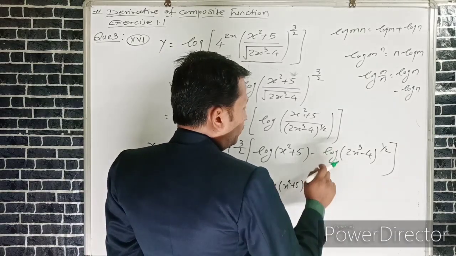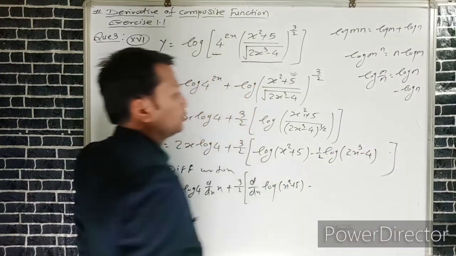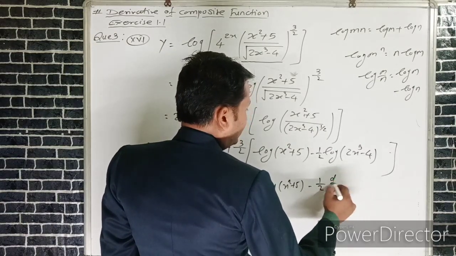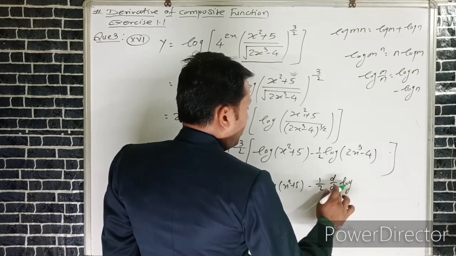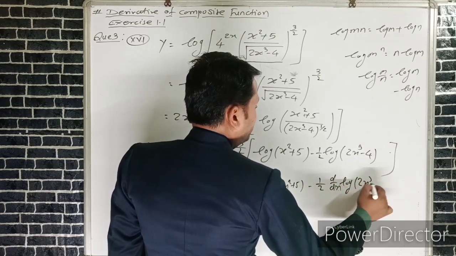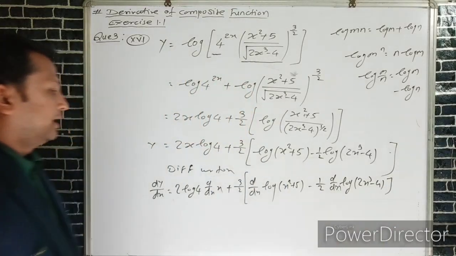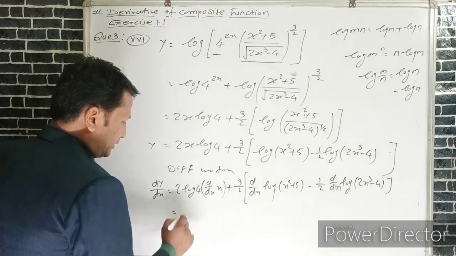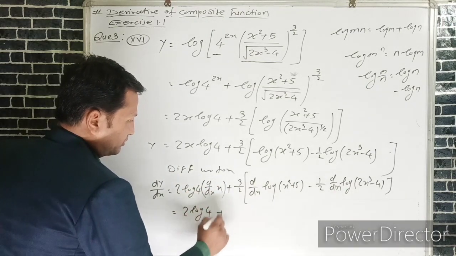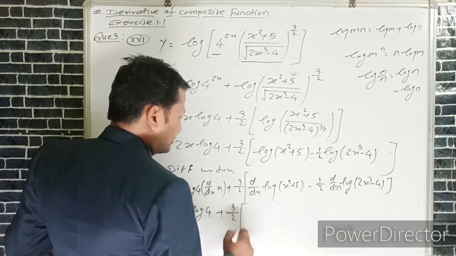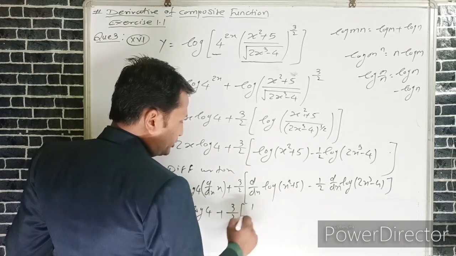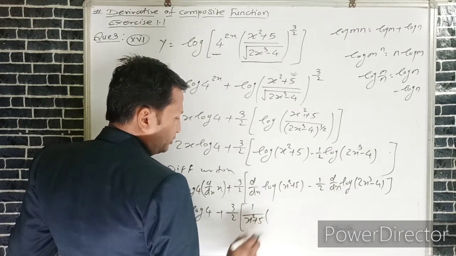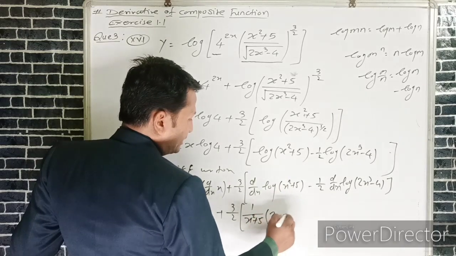We can write 1 by 2 into log of 2x cube minus 4. 1 by 2 is a constant and we can take a derivative of log of 2x cube minus 4. After differentiating, the derivative of x is 1, hence 2 log 4 plus 3 by 2 as it is. The derivative of log of x square plus 5 is 1 upon x square plus 5 into the derivative of x square plus 5. The derivative of x square is 2x and the derivative of 5 is 0.